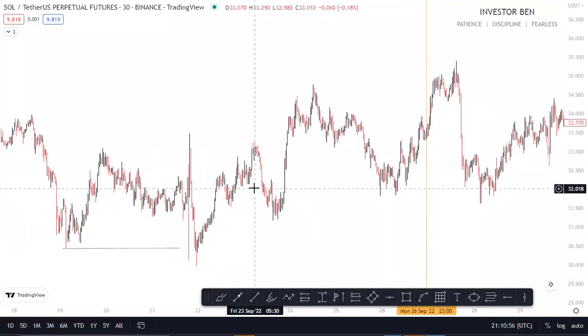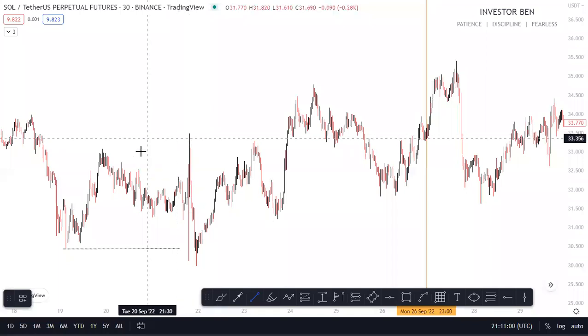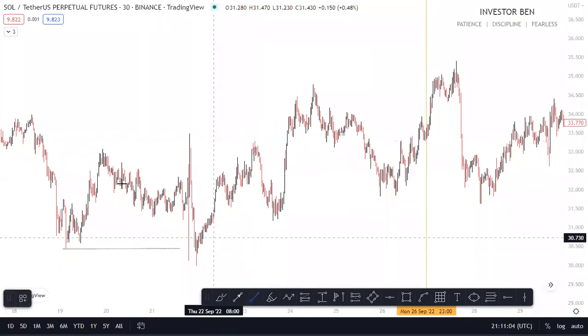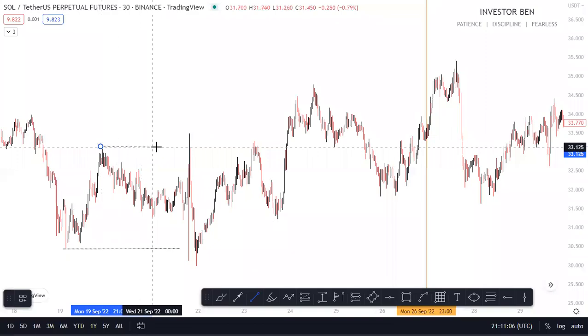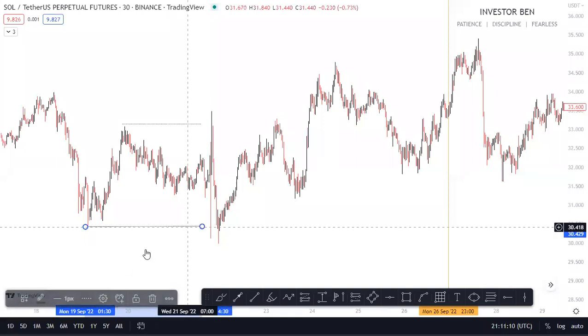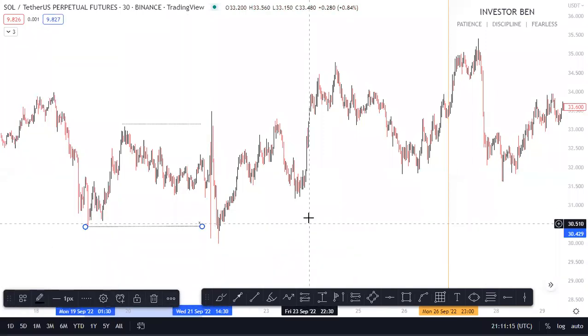Okay, so look at Solana here. We are in an uptrend, right? This is a liquidity sweep at this point.